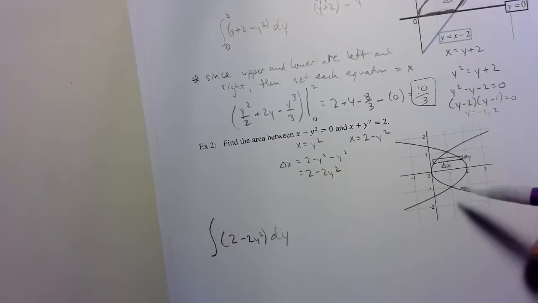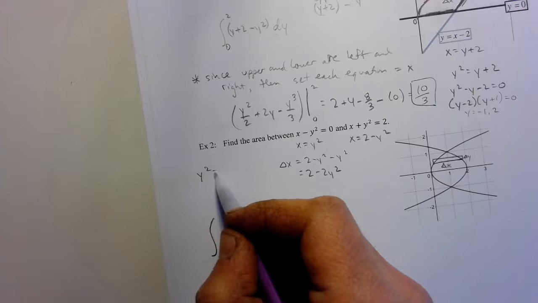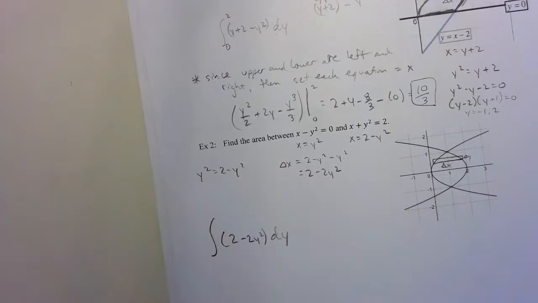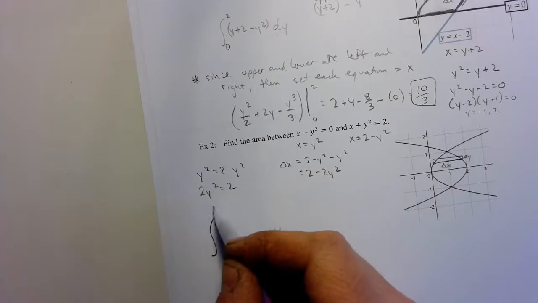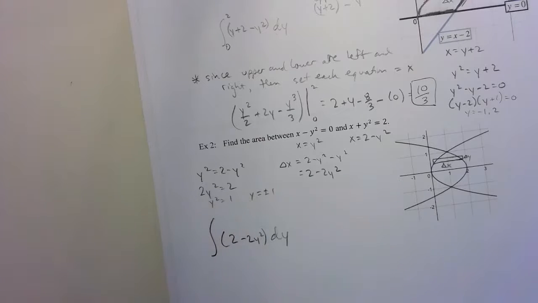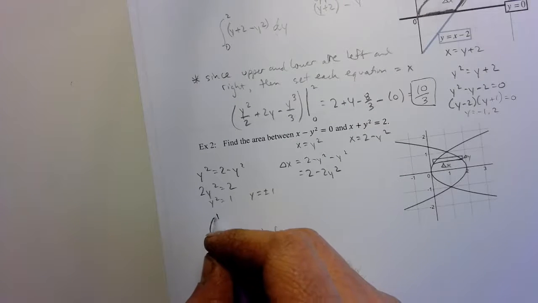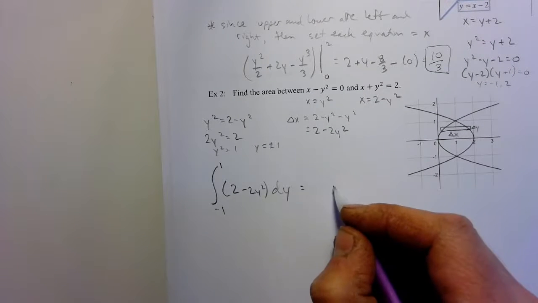If you can't see where they are, then you set these two equal. 2y squared equals 2. Y squared equals 1. So y is plus or minus 1. Remember, these bounds are in terms of y because this was in terms of y. So it's really just the same. We just have to change the variable we're working with. Antiderivative, 2y.